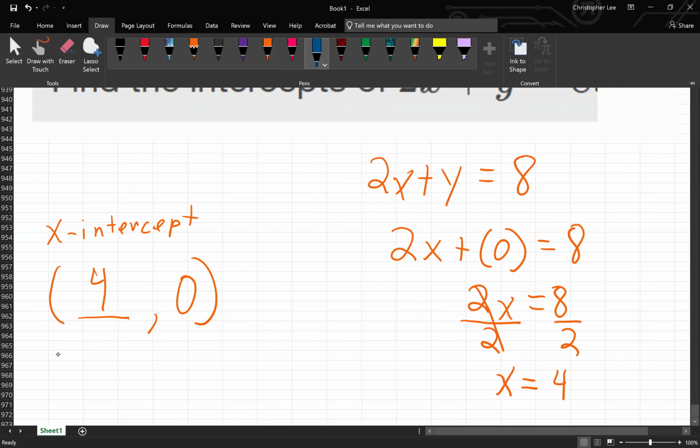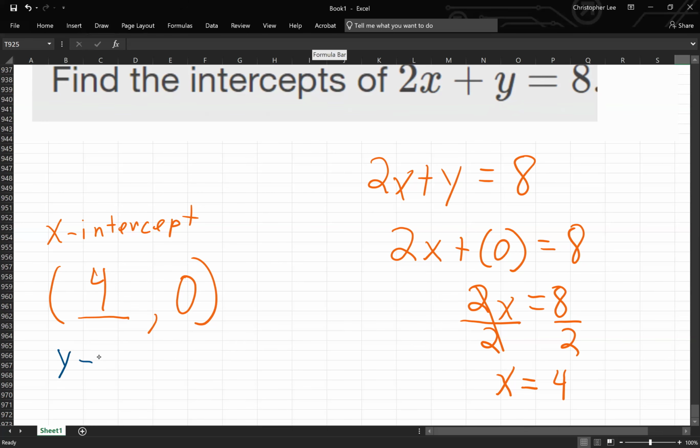Let's try for the y-intercept, right? I'm gonna do it in blue for the Knicks. So we have y-intercept right here. You know that the y-intercept is where the graph is going to cross the y-axis when x equals 0. So this is going to be 0 comma something. I don't know what it is, but 0 comma something. So what am I going to do? I'm going to literally take the 0, plug that in for x.